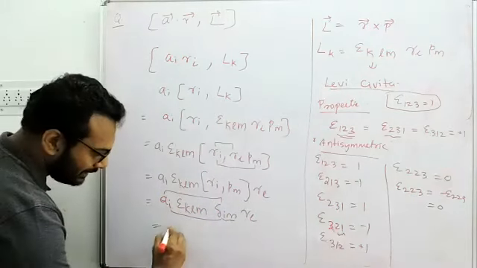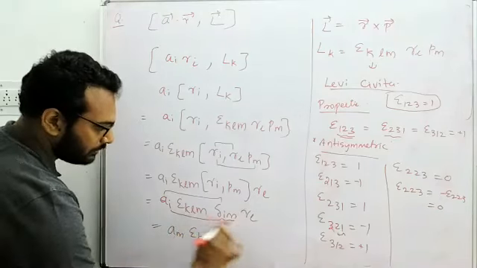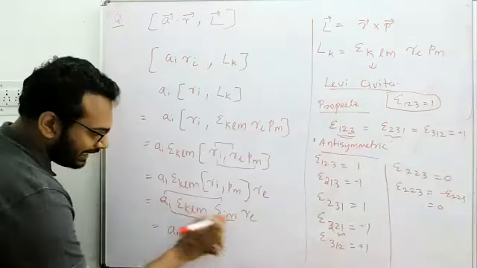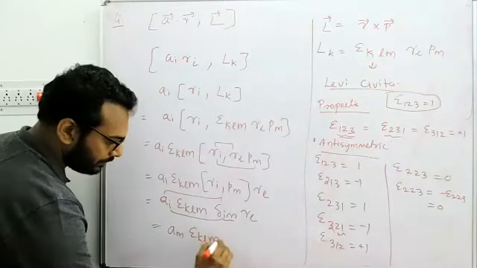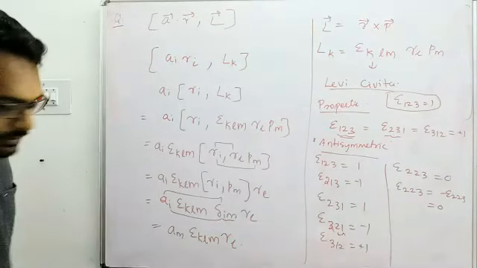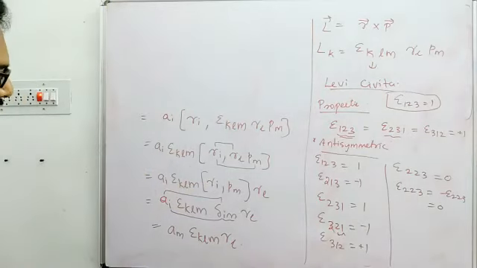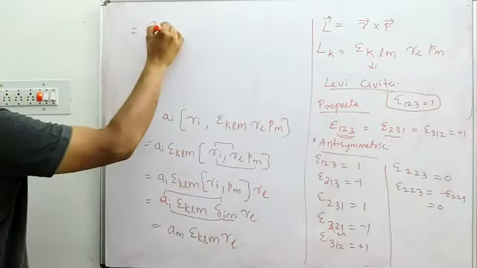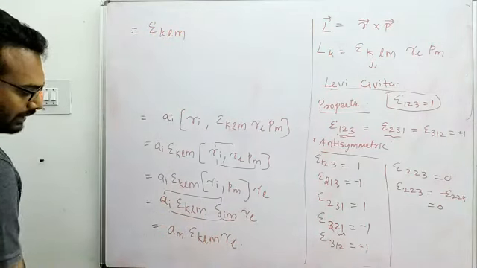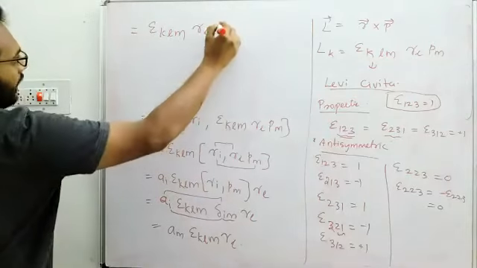So we can write it as A_m epsilon_{Klm} R_l. There's no problem in shifting this around, so it is epsilon_{Klm} R_l A_m.